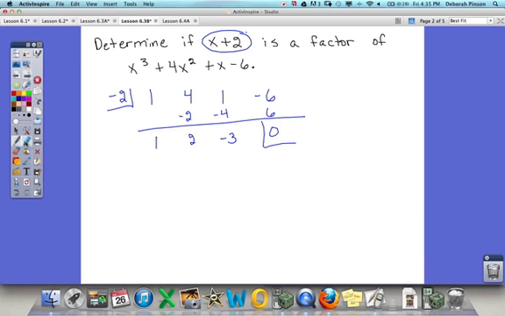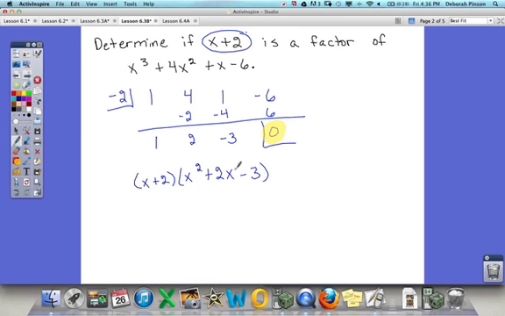Okay, now remember, if your remainder is 0, then the x plus 2 is a factor of this thing right here. So I'm going to write it as two things multiplied together times my answer here. That would equal this right here.